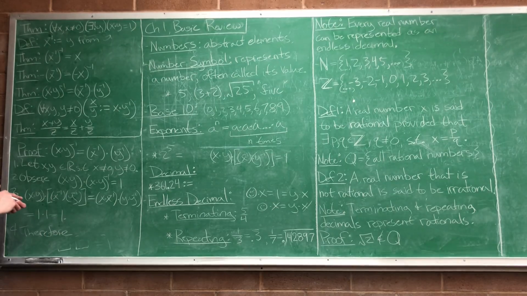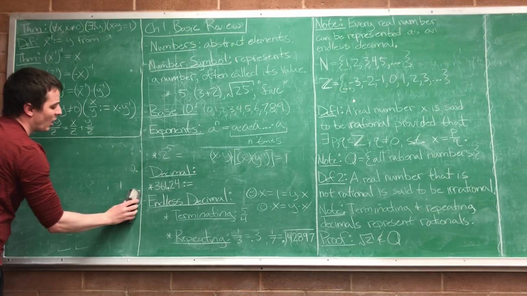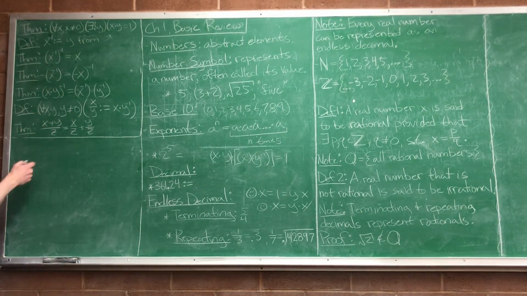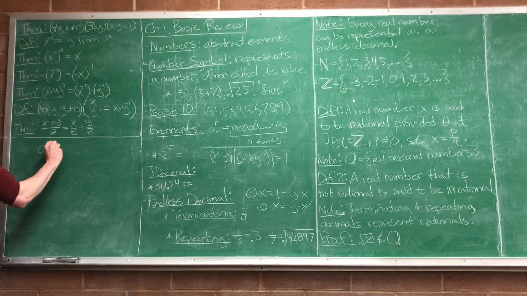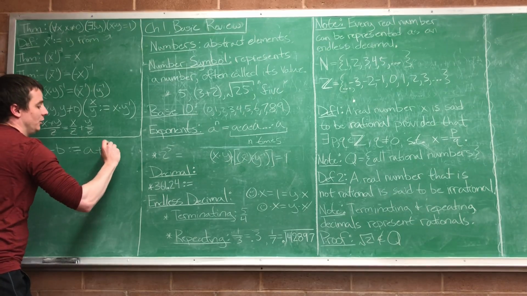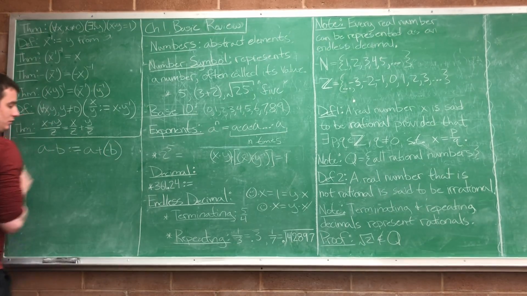Okay. And then finally, our definition for division. Do you remember our definition for subtraction? We said a minus b, we define that to be a plus b's additive inverse.